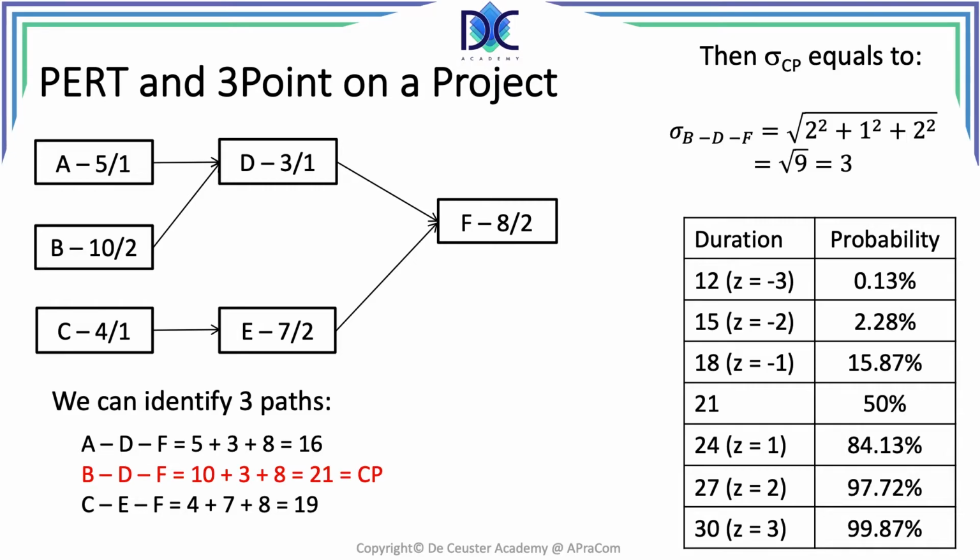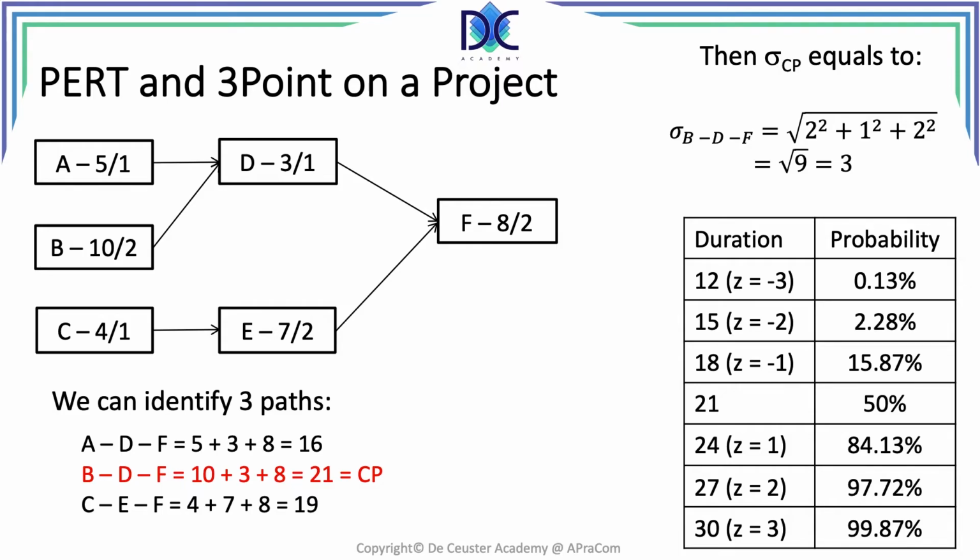Now we want to know, for example, the probability that the project will finish in 24 days or less. And we see the Z value here. The Z value is in fact the number of standard deviations. And the percentages, the surfaces under the normal distribution, are always the same. For Z equal 1, it's 34.13%.